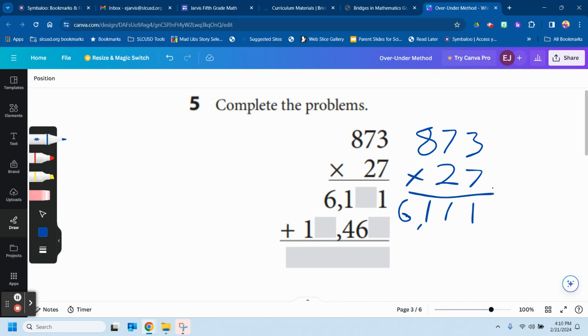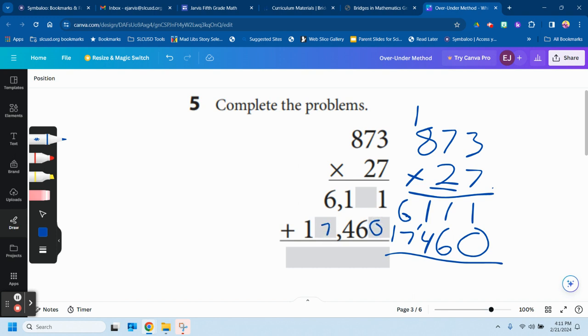Okay, and I like to erase what I carried. Now I'm multiplying 20 times 873. So that number is a power of 10 times 2, so it's going to end in a 0. So 2 times 3 is 6. 2 times 7 is 14. 2 times 8 is 16, plus 1 more is 17. Did it work out? Yeah, I have the 4 and the 6. There's the 0 here.